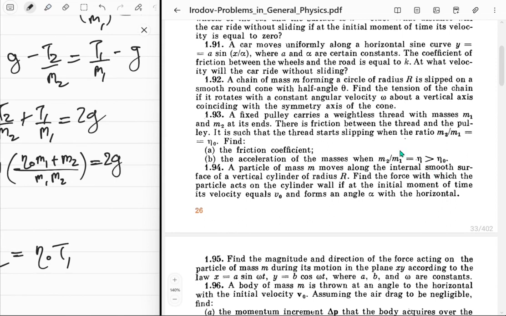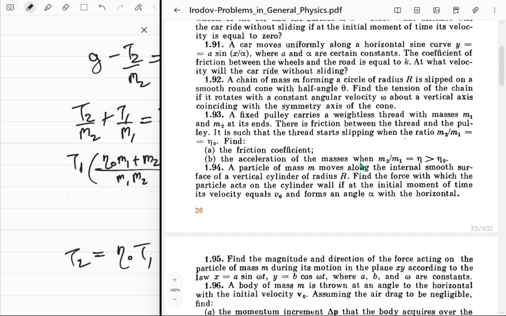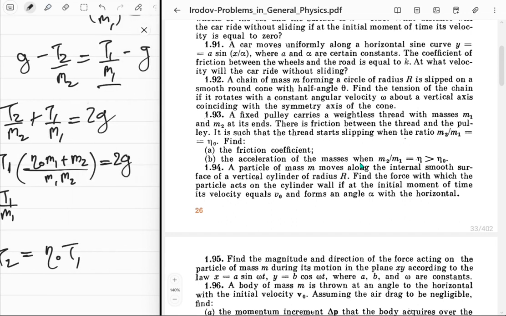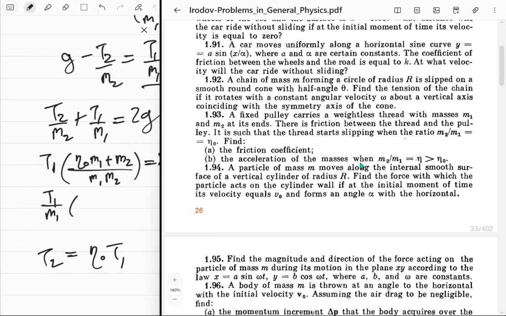Wait, you are saying m2 upon m1 is η. Fine, we'll take that. And then this just becomes T1 upon m1. Maybe I should just use m2 over there. Yeah, it will be better.